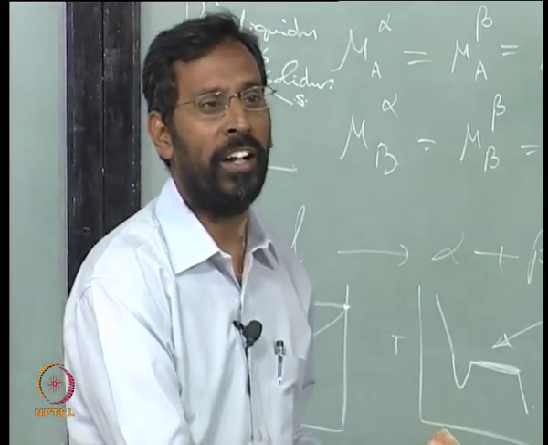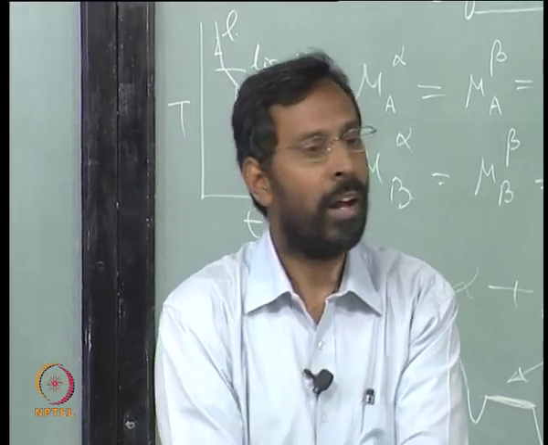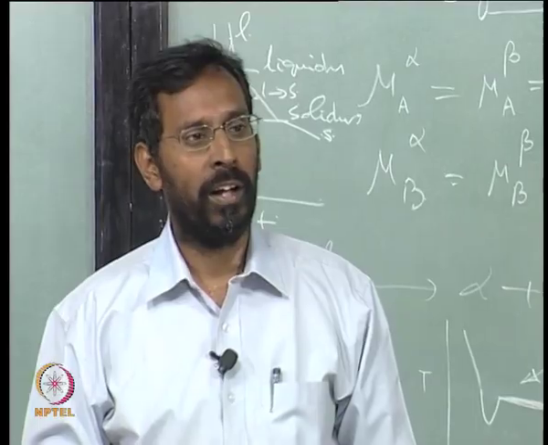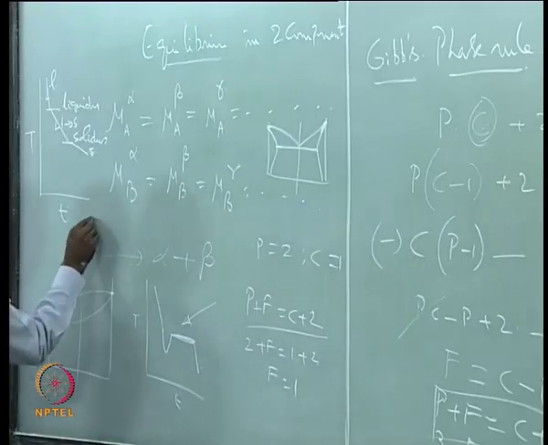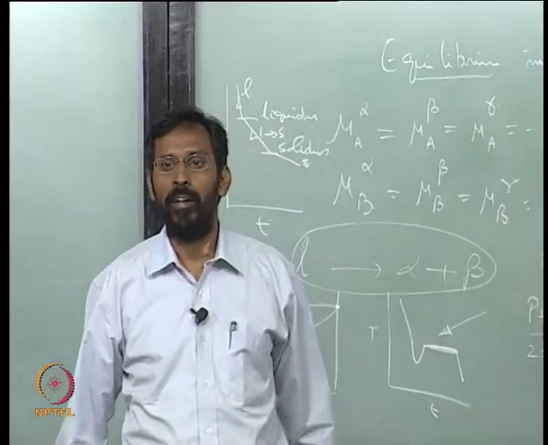The moment I go to a ternary system, there are also a number of ternary systems, and if I take the same eutectic reaction, liquid giving alpha plus beta in a ternary alloy, let us say you have a cast iron, an iron carbon silicon alloy.